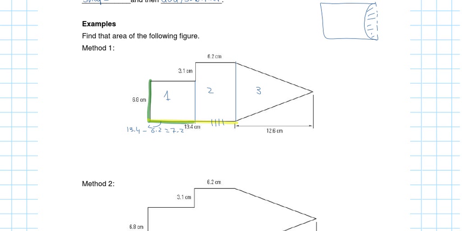Okay, so to find the area of shape 1, I have to do length times width, and my length is 6.8 times the width, 7.2.